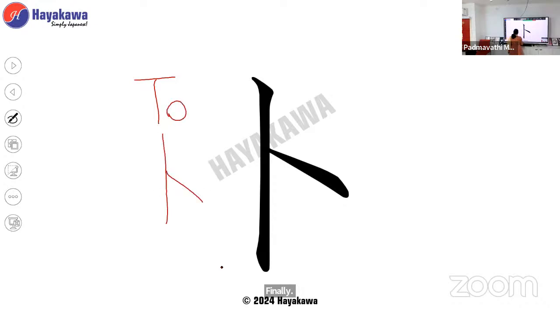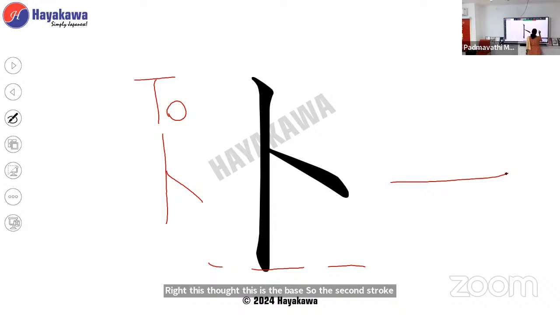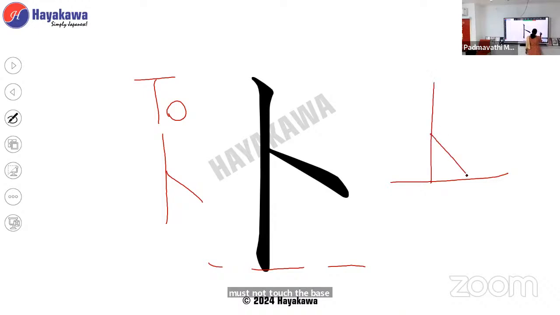This is the base. The second stroke must not touch the base. It is not like this, right? It is somewhere above. This is going to be to.